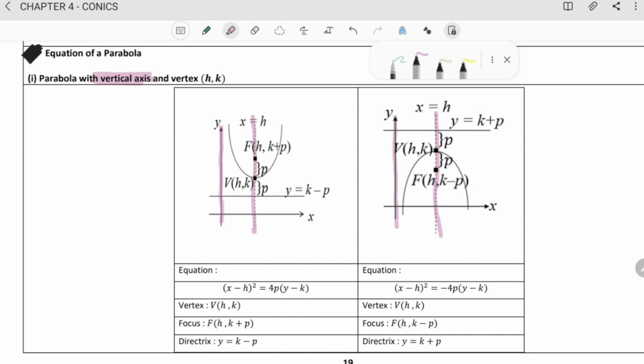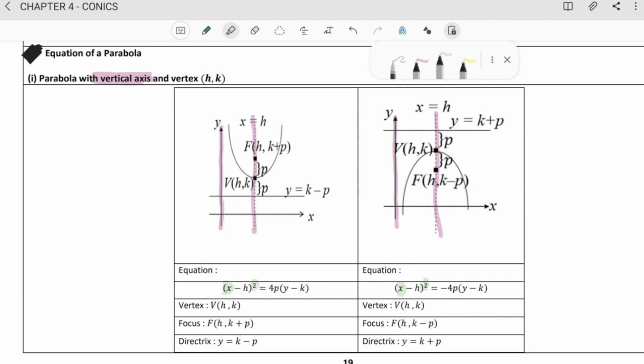You need to know this information. Okay, let us learn. These shapes open upwards and open downwards. You can say that is for x squared, because the y is not squared here. So you know the first type of the equations, you should be able to distinguish between the two types.